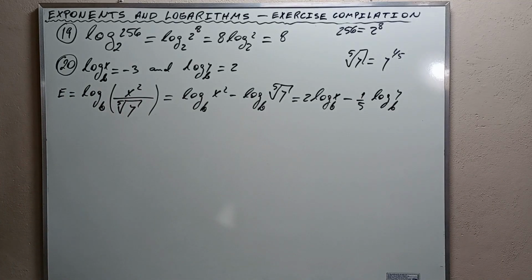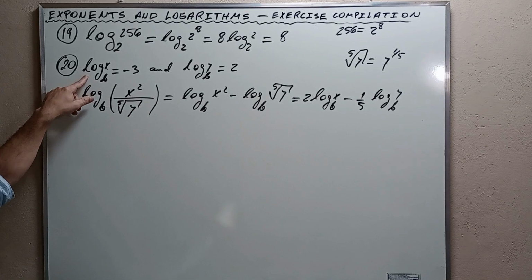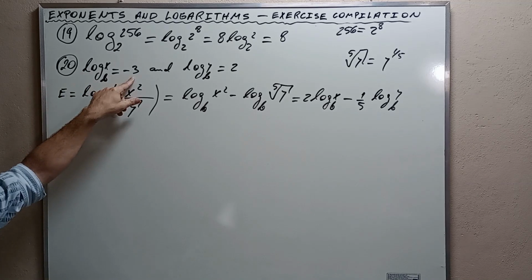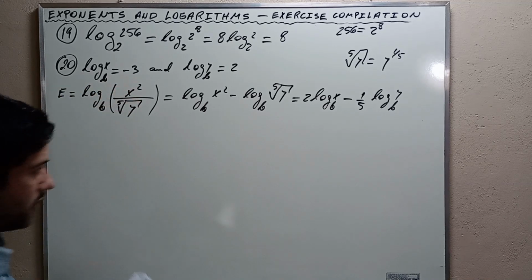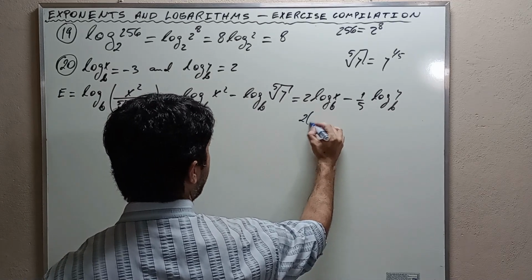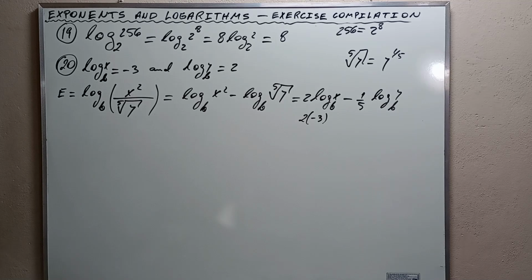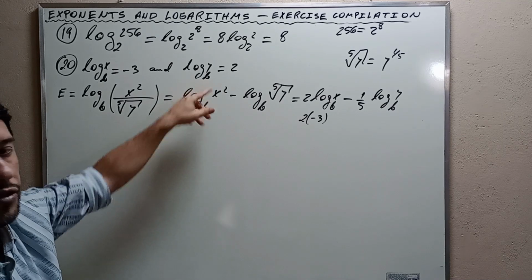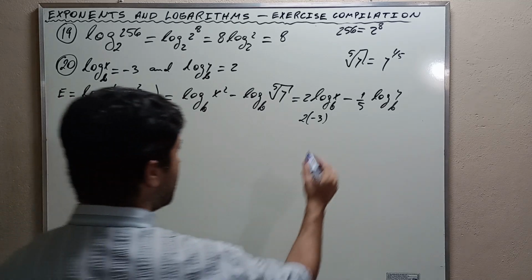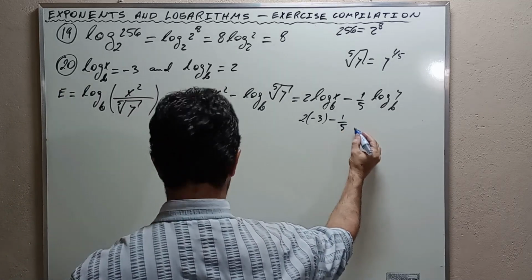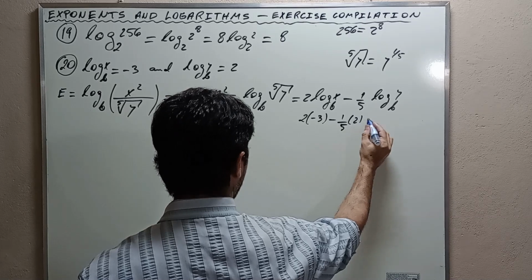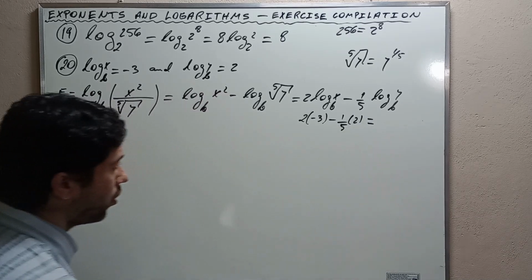But the exercise says that the logarithm of x base b is equal to -3. Then we multiply 2 by -3, and how about the logarithm of y base b? The exercise said that it is equal to 2. Then it is 1/5 times 2, and then it is equal.